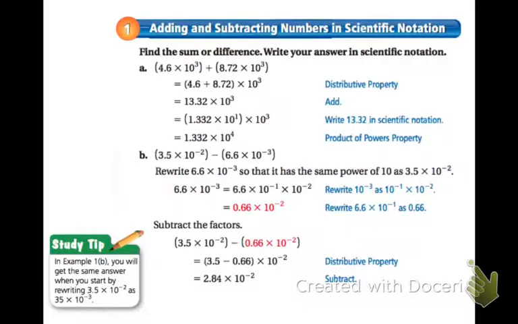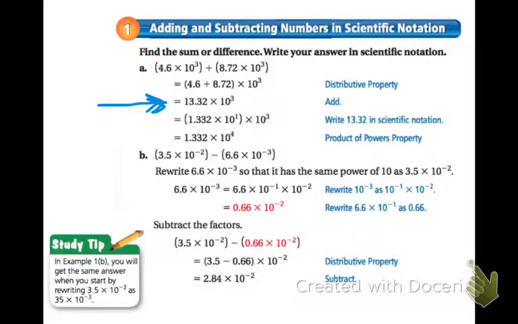This has finding the sum or difference, writing your answer in scientific notation. So in A, we can see that they both are in scientific notation to the power of 10 cubed, 10 to the third power. So we could group together the 4.6 and the 8.72 and add them together. Now, this is where it starts to get tricky, because remember what we learned about scientific notation? The decimal number has to be greater than 1 but less than 10.